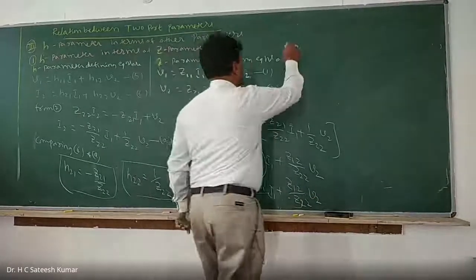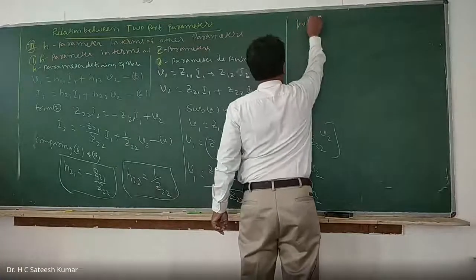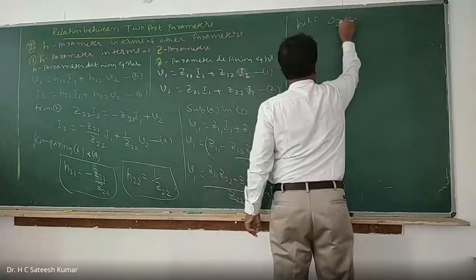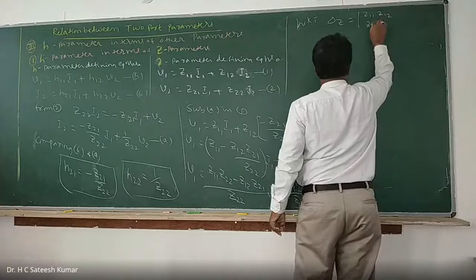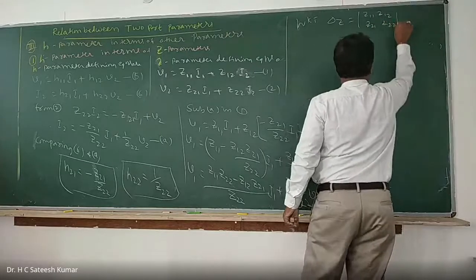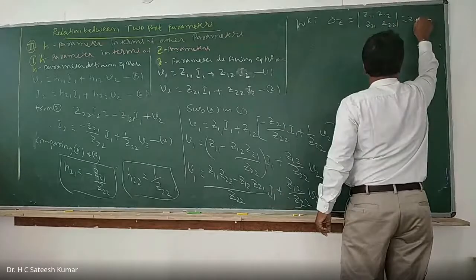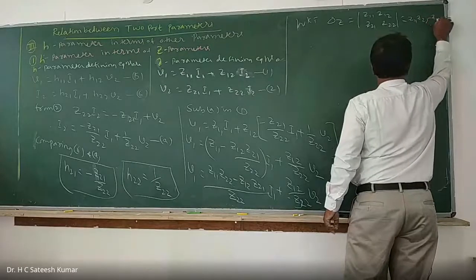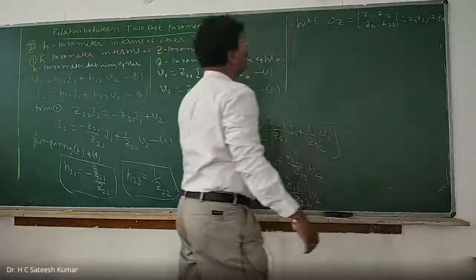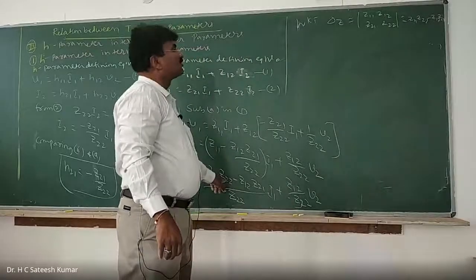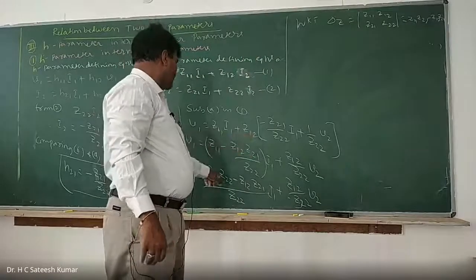Now, we know that delta Z is equal to the determinant of Z11, Z12, Z21, Z22, which is Z11 into Z22 minus Z12 into Z21. So Z11 into Z22 minus Z12 into Z21 is delta Z, we can write it.